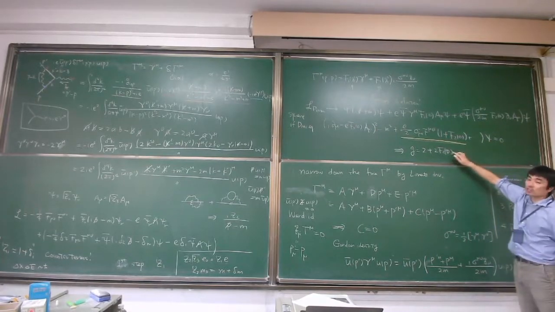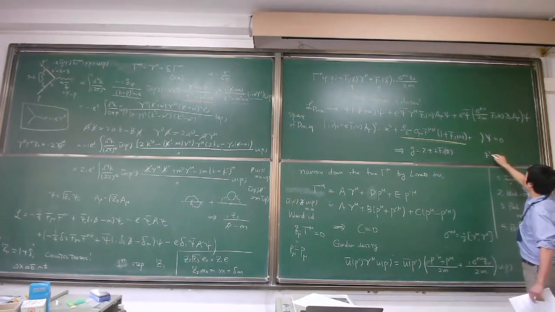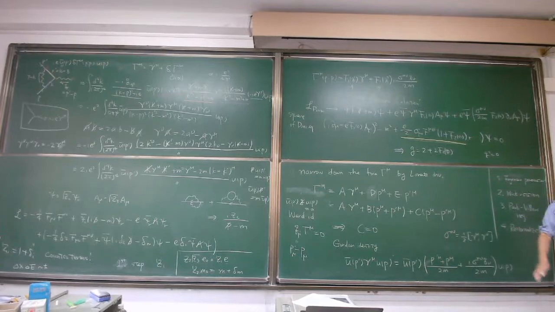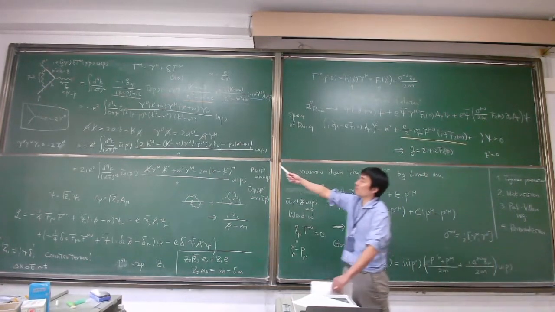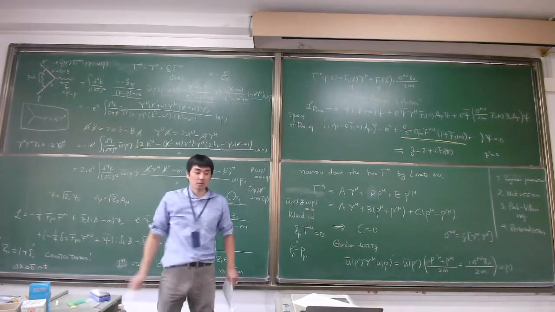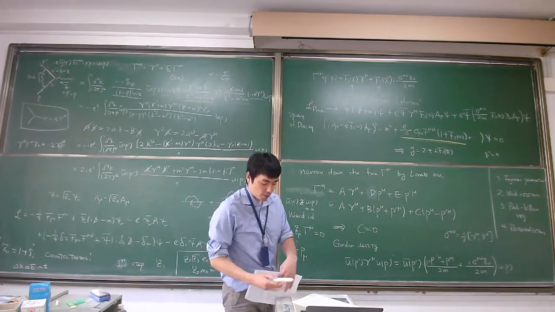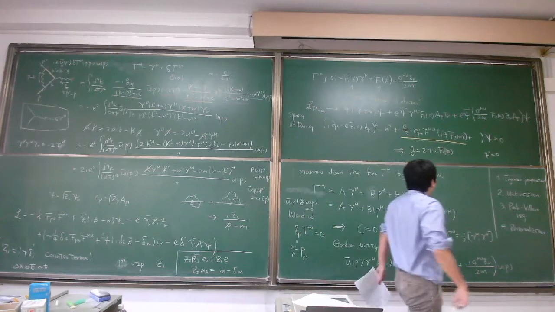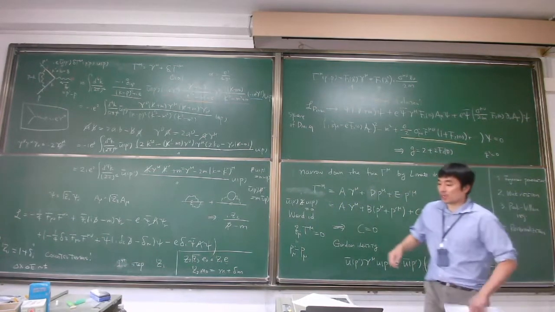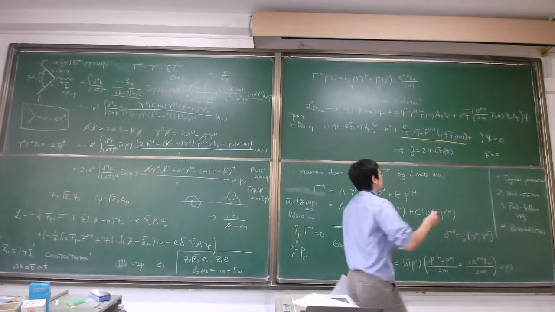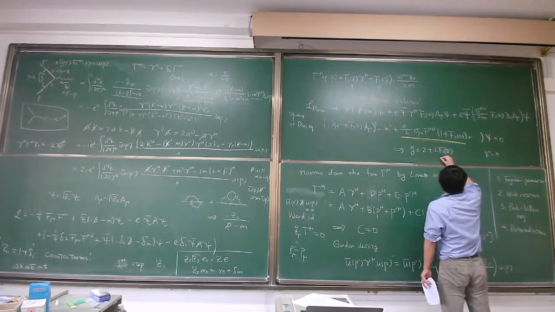The 0 means I take q squared equal to 0 because we want to go to low energy, which means that p and p' are almost the same. That's the non-relativistic limit you can take. And this is the anomalous magnetic moment.